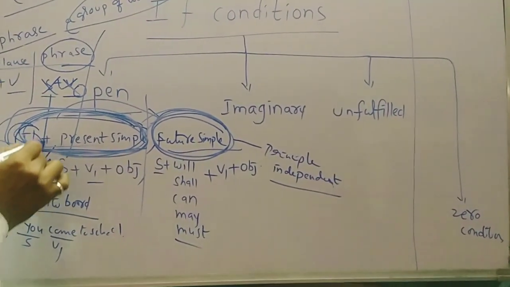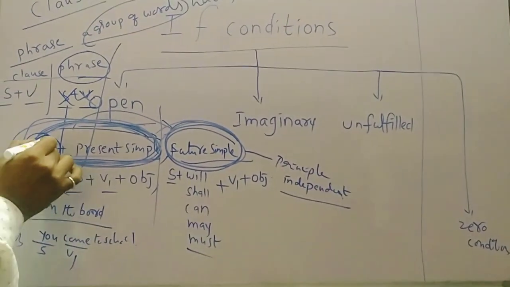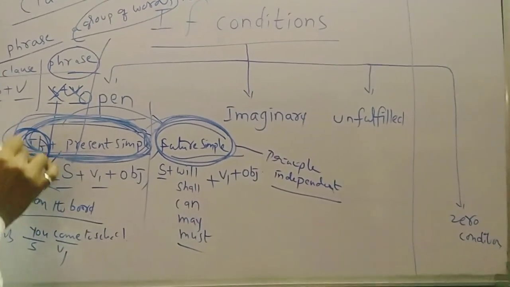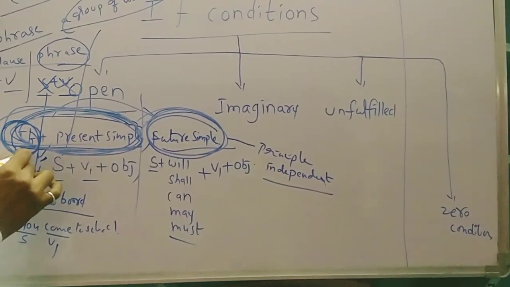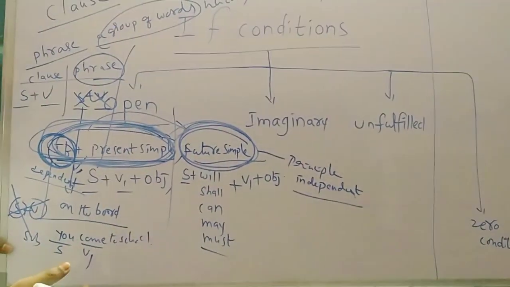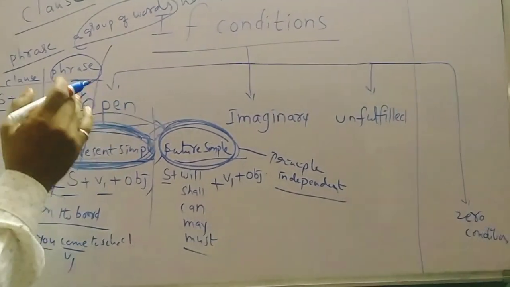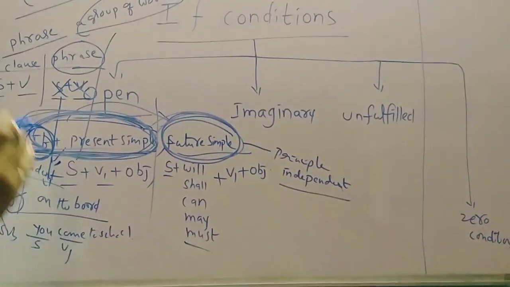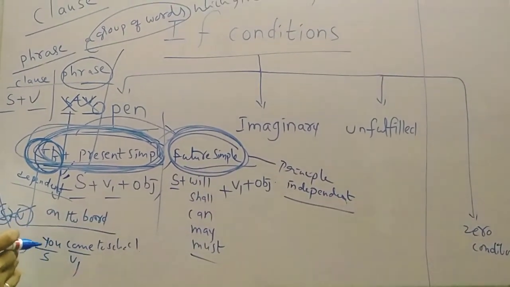It is also called if clause because here we use the conjunction if. They are called if conditions because here we should use the conjunction if. If is a subordinate conjunction. Okay, fine.